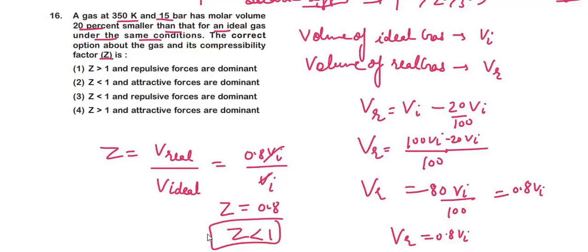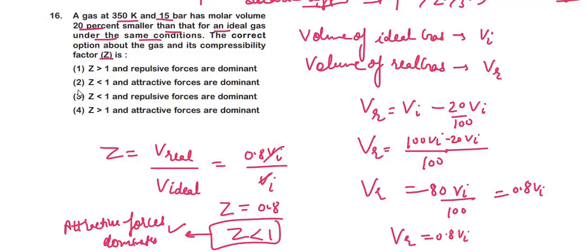Remember this thing, that when Z value is less than 1, then volume is compressed because of attraction forces. So we can say that here attractive forces dominate. And when attractive forces dominate, then liquefaction of gases becomes very easy. We can easily convert the gas into liquid.